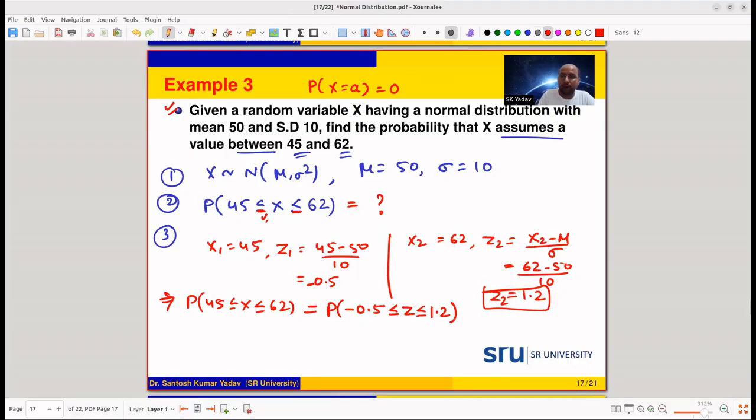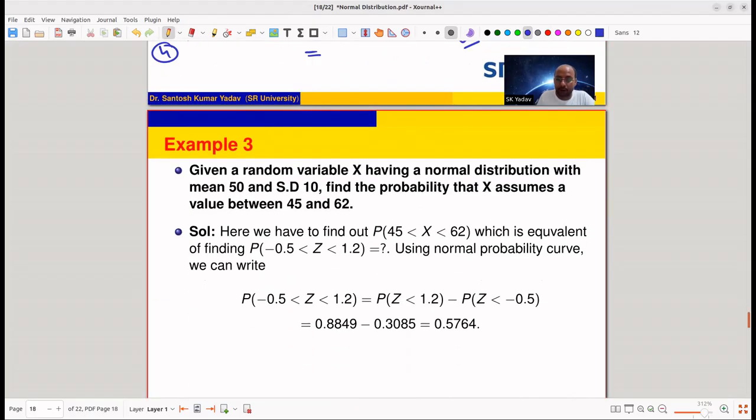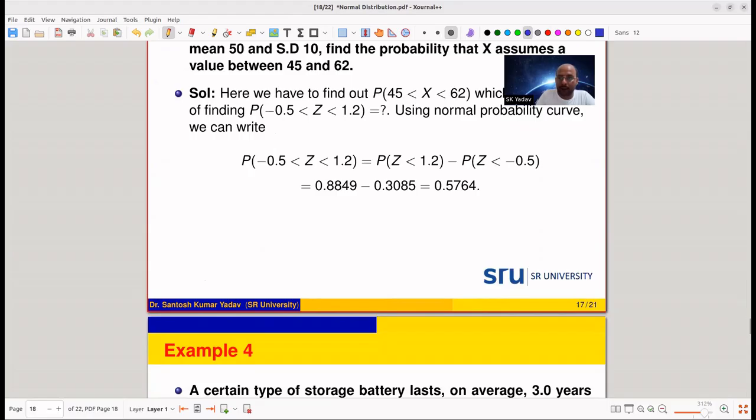Now how to find this particular probability? The fourth step is to draw the normal curve. After drawing the normal curve, we will set this region.